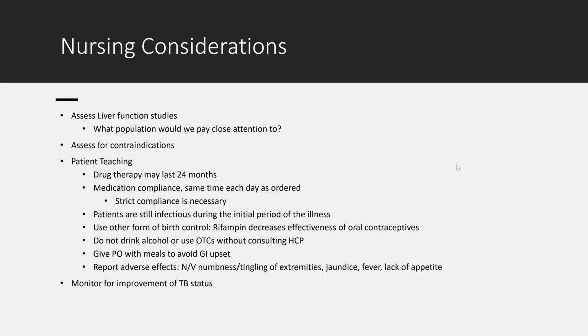You're going to teach them to not drink alcohol during this, and you do not want them taking any over-the-counter medications without consulting their healthcare provider. You're going to give the PO doses with meals to avoid GI upset. And you want to report any adverse effects such as nausea, vomiting, numbness, tingling of extremities, jaundice, fever, and lack of appetite to the healthcare provider.